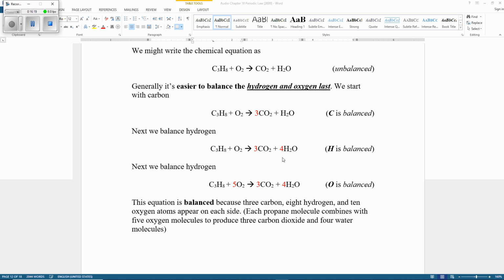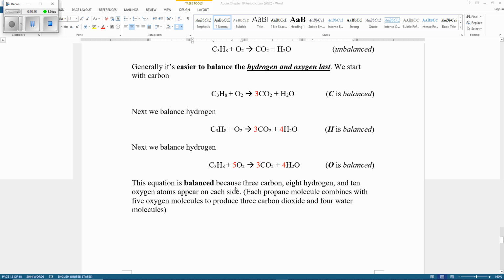Now, how about the last one, oxygen? Before we have 2, and after, let's be careful. This one has 2 times 3 gives you 6, and 4. 6 plus 4 gives you 10. So 10 oxygen after. Before only 2. So times 5.